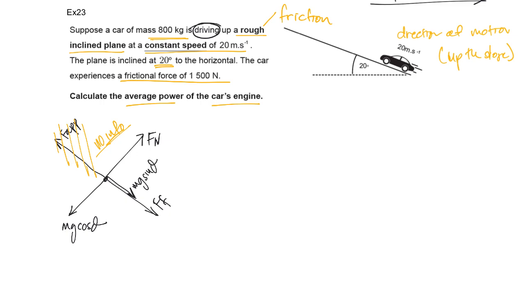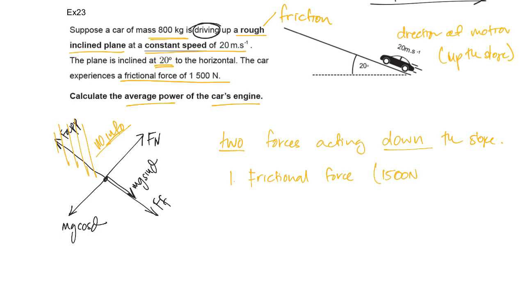Coming down the slope, there are two forces acting down the slope. One is your frictional force, acting down the slope at 1,500 newtons. And the second thing is gravity, Fg, or F parallel.